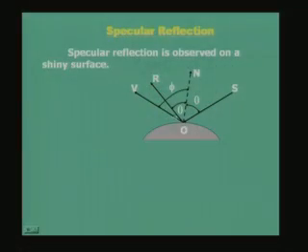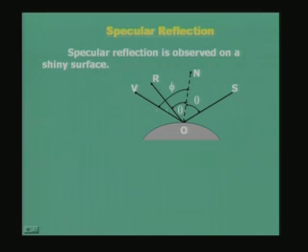As you can see here, specular reflection is an interesting phenomenon observed on a shiny surface, and we have now reintroduced the angle phi between the vectors v and n.